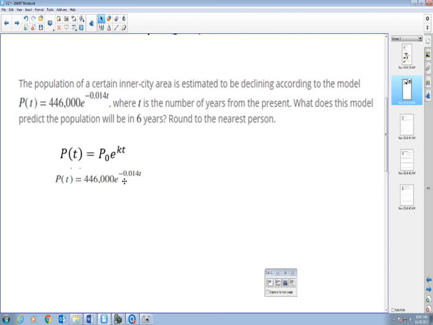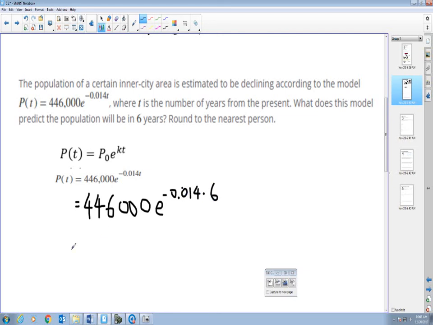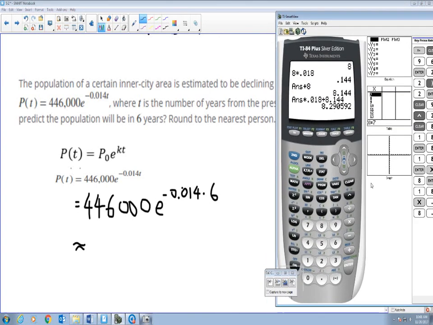So k is 0.014, so I have an exponential decay, an exponential decrease in population. I want to find the population after 6 years of decrease. So that'll be 446,000 times e to the negative 0.014 times 6. Round to the nearest person. Alright, let me show you how to key this in the calculator.